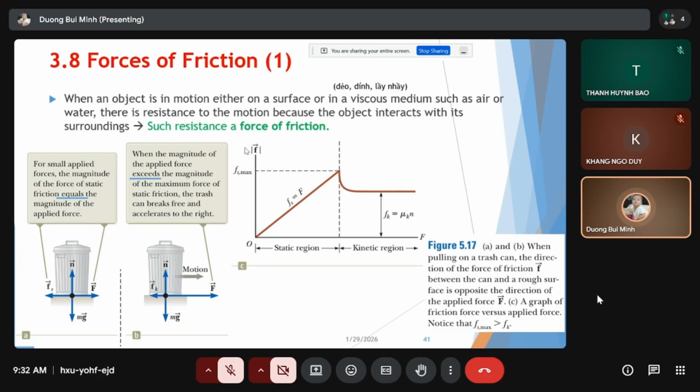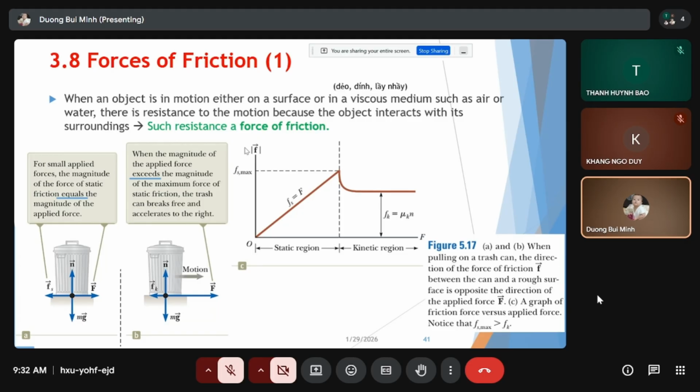For example, here we have a force diagram. At the beginning, the can is at rest. So we increase F, we increase the magnitude of F, higher and higher. If F exceeds Fs max, this can starts to move, and once it is moving, we have another friction force, which is the kinetic friction force Fk.